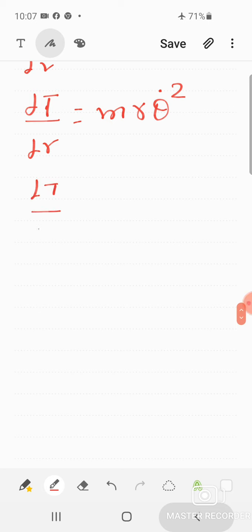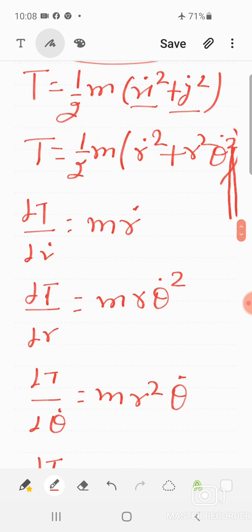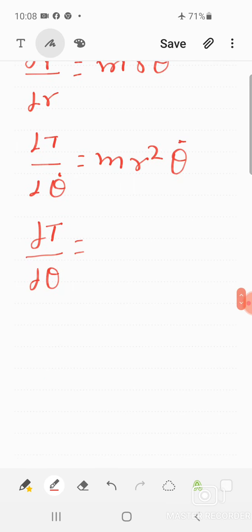Curl T by curl theta dot will be equal to m r square theta dot, and T is not a function of theta, so curl T by curl theta will simply be equal to 0.